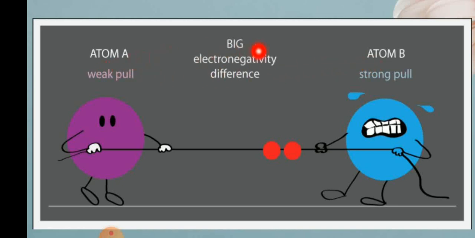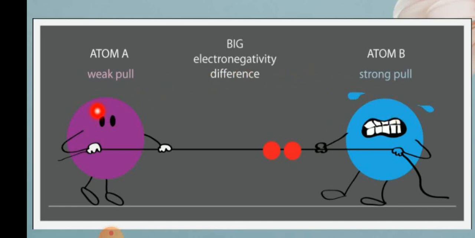Between atom A and atom B, there is a difference of what? Electronegativity. So in this example, atom B is more electronegative than atom A, because atom B has more power, more capacity to attract this pair of electrons towards itself. So atom B's power is greater, therefore atom B is more electronegative than atom A.